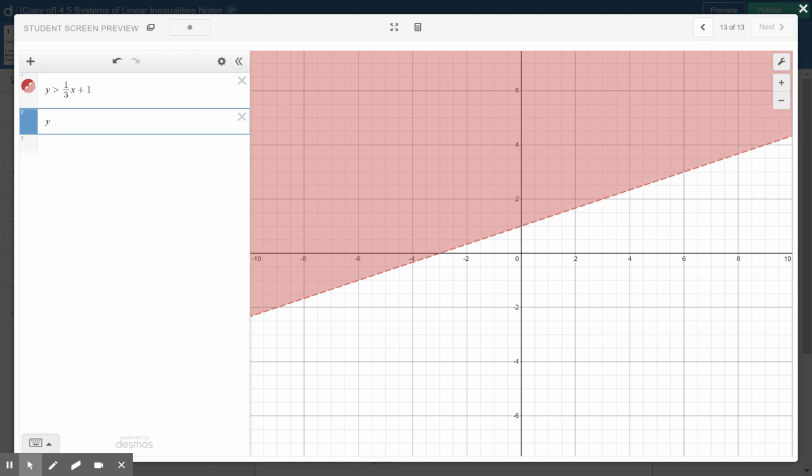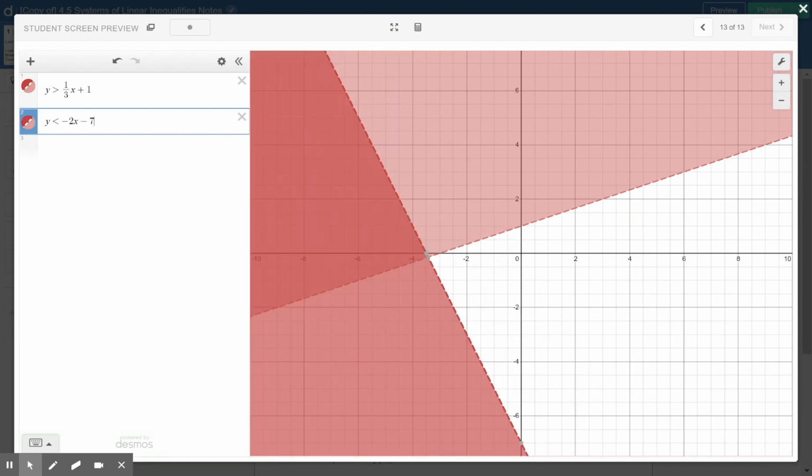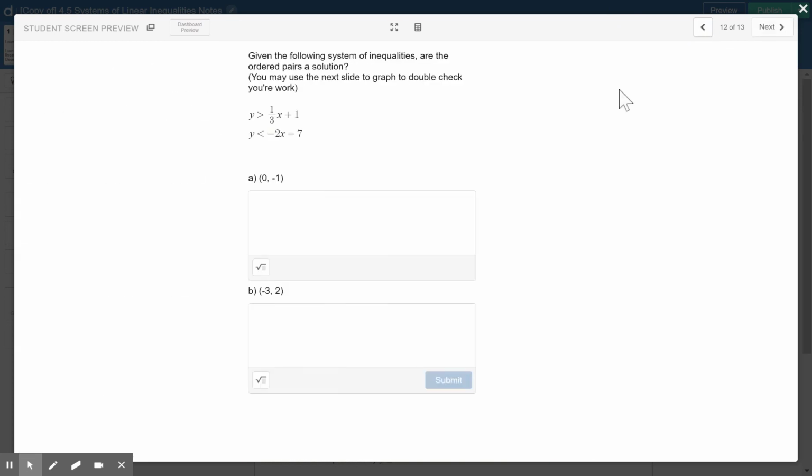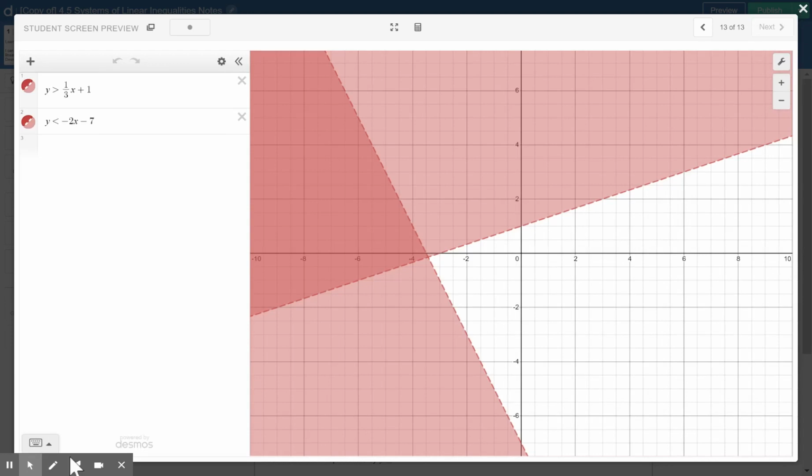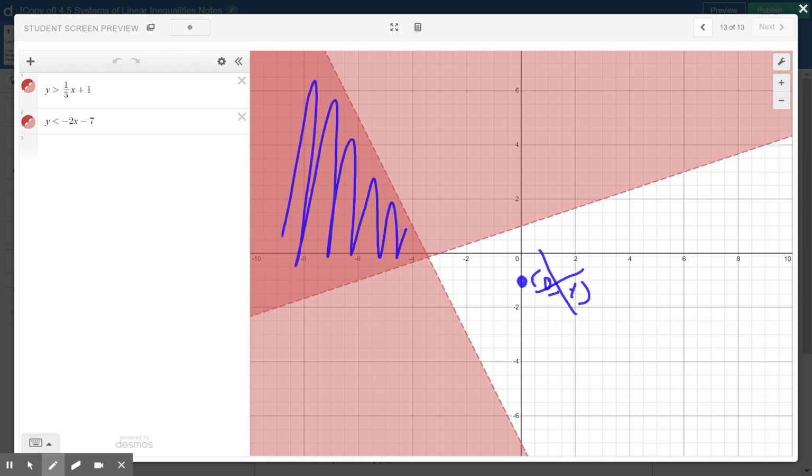And then it says y is less than negative 2x minus 7. So the first ordered pair we're talking about is 0, negative 1. That is in none of the shaded. So that would not work. We are looking for answers in this area because this is the double shaded.